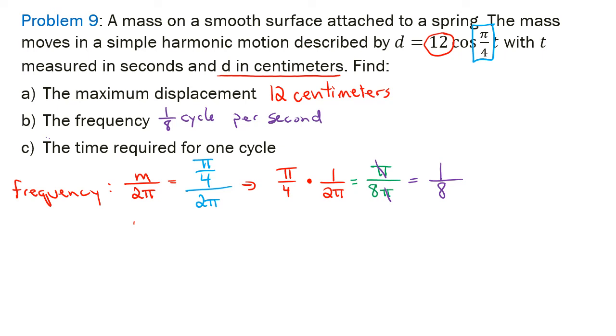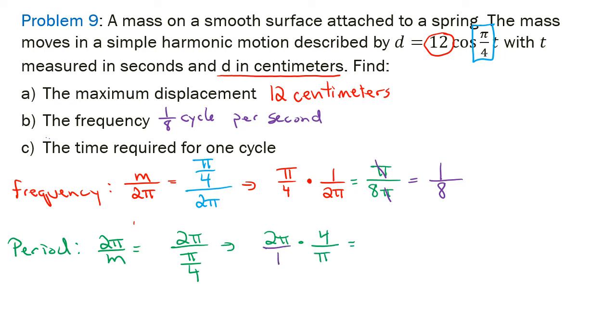All right. Part C asks us to find the period. So we're just going to use our formula for the period, 2 pi over m. Our m, once again, is that pi over 4, so 2 pi over 4. Keep, change, flip. 2 pi times, going to flip, so it's 4 over pi. We're going to put a 1 underneath, so 2 pi times 4 is going to give us 8 pi. 1 times pi is pi.